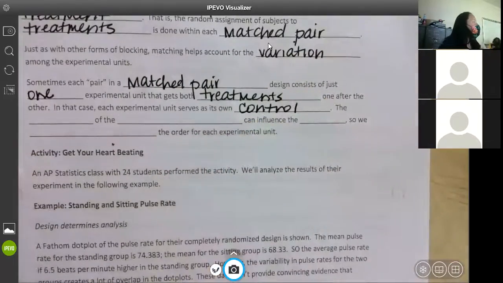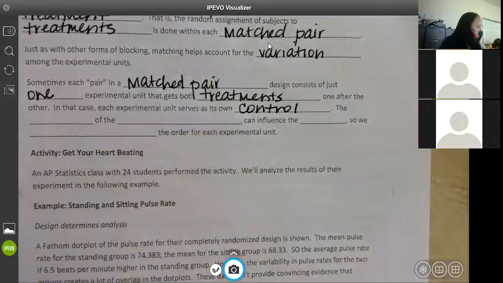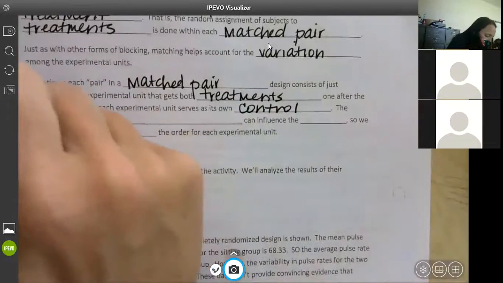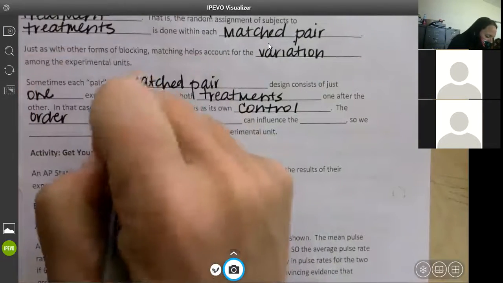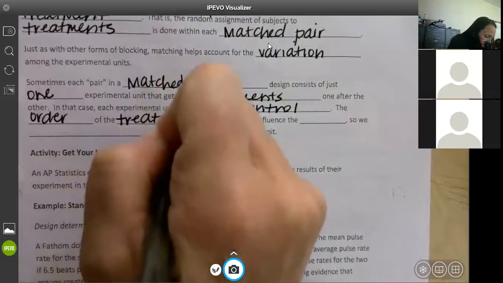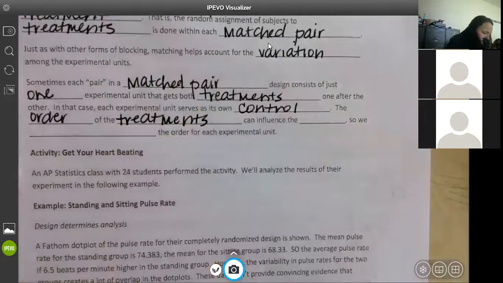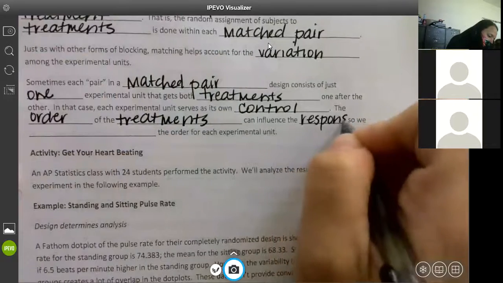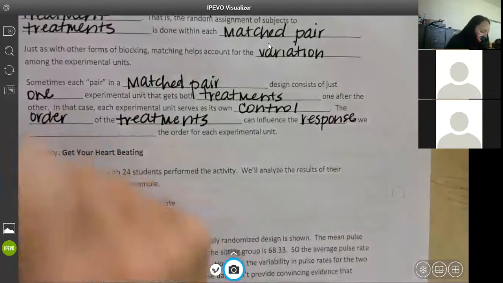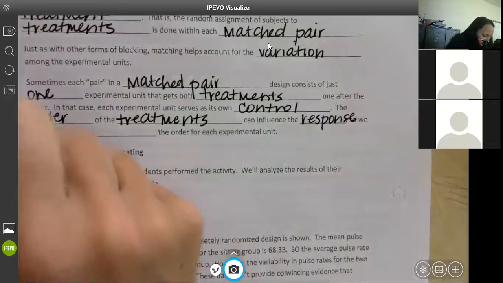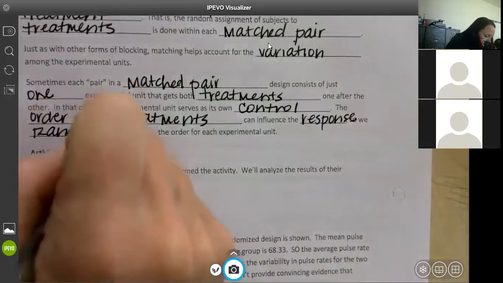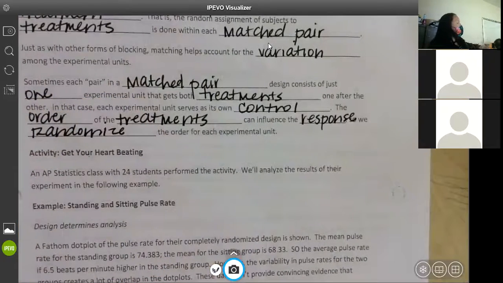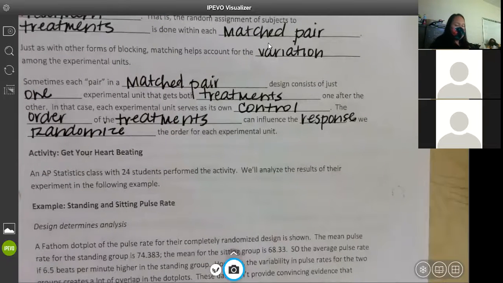And we'll go over all of this, so don't worry about it too much. The order of the treatments can influence the response. So we randomize the order. So you don't have to randomize the units because they're getting both treatments, but you have to randomize the order in which they get them, okay?